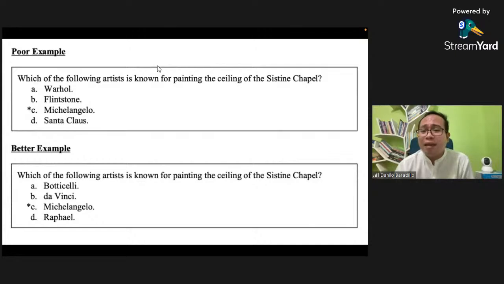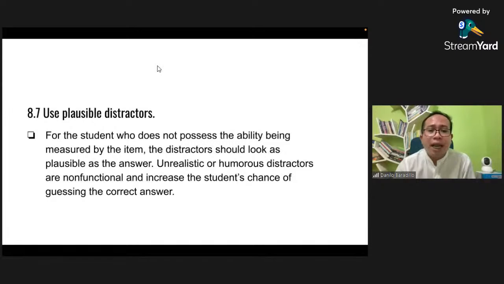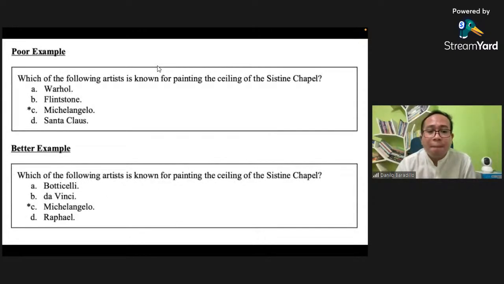That's funny for the students. Nobody would think of choices like Santa Claus there. So that means we will have to make sure that our distractors should be possible as the answer. Like for example, Botticelli, Da Vinci, Michelangelo, Raphael. These are all very much possible. But of course, we're talking about the Sistine Chapel, so that's Michelangelo.